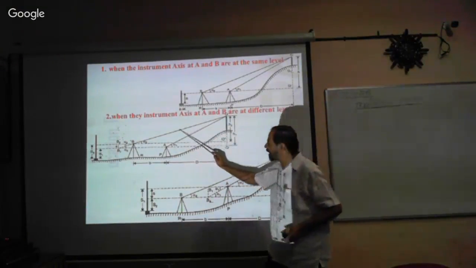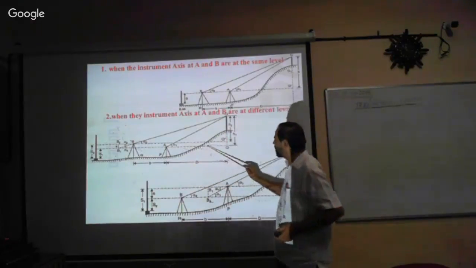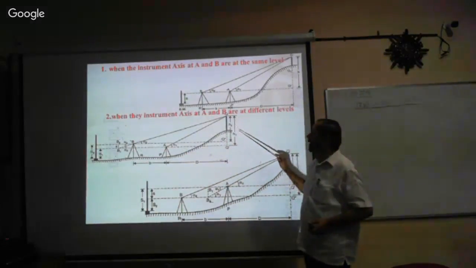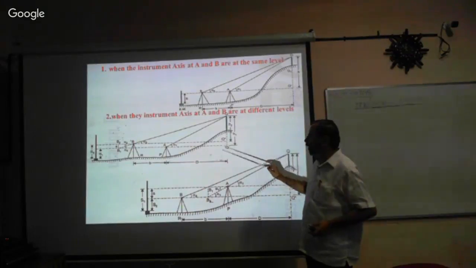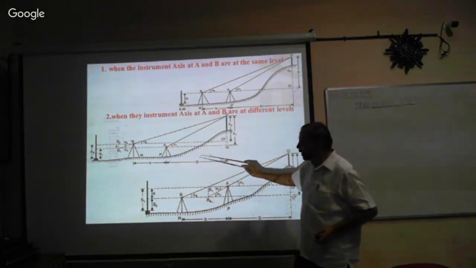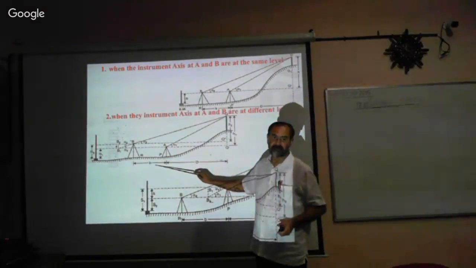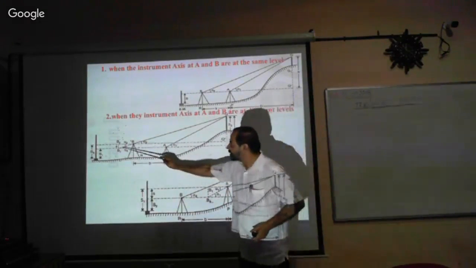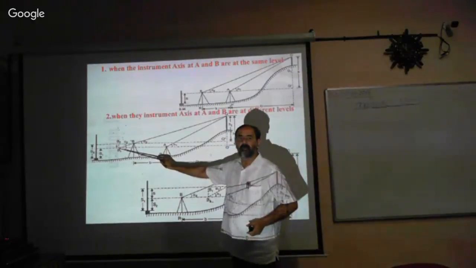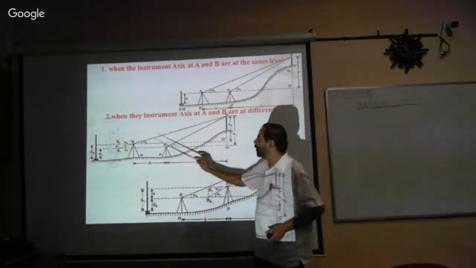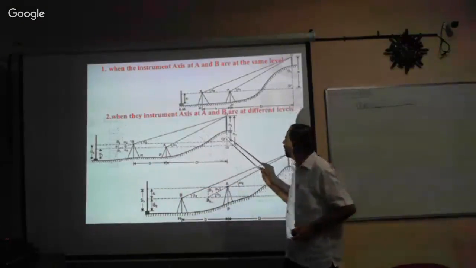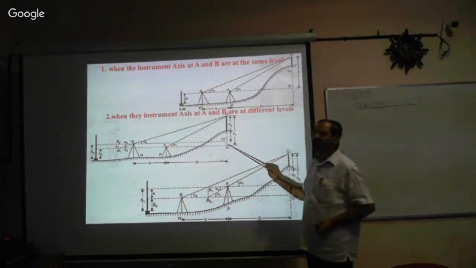If you consider this triangle, H1 is equal to B plus D. That is wrong. Now we are considering this triangle, Q, V1, Q dash.